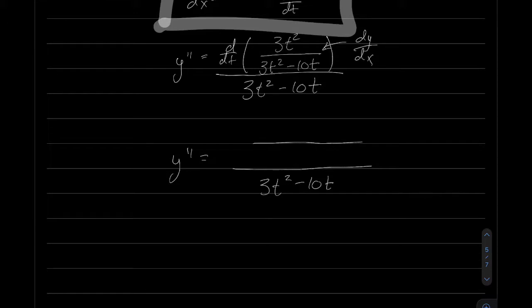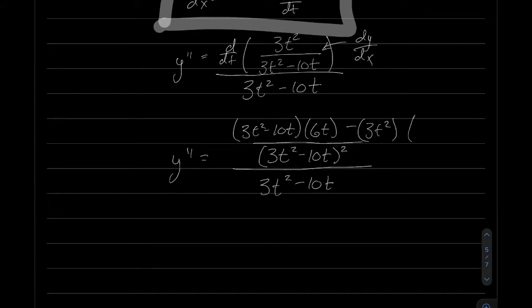So remember, it's low d high minus high d low over low low. So low is 3t squared minus 10t, and it occurs twice, so we square it. And then the top is the bottom, so 3t squared minus 10t, times the derivative of the top, which is going to be 6t, minus the top times the derivative of the bottom, which is going to be 6t minus 10.